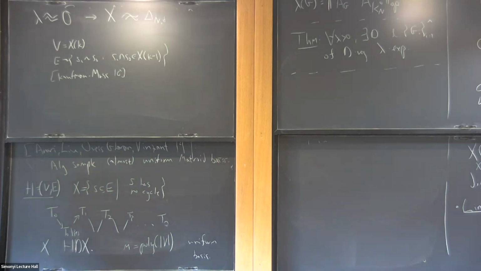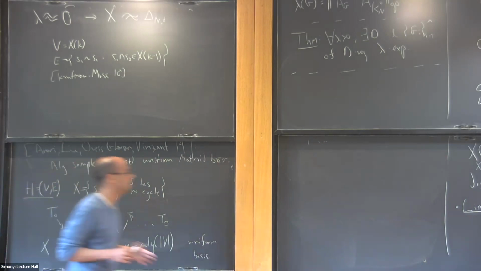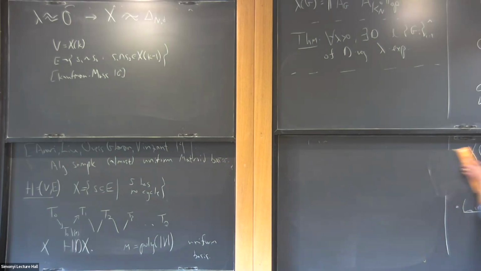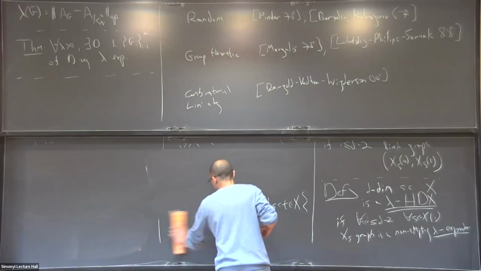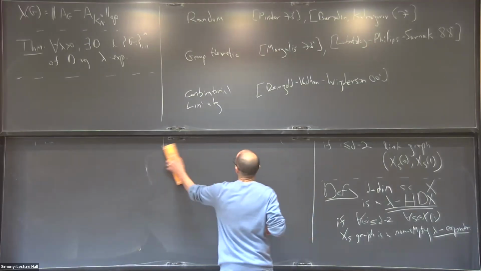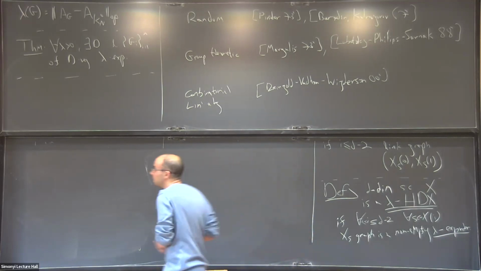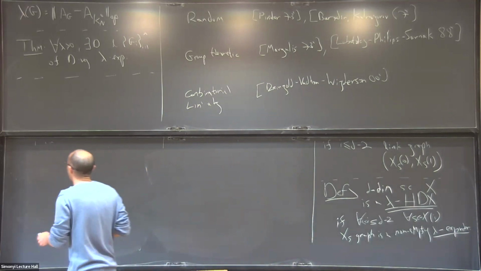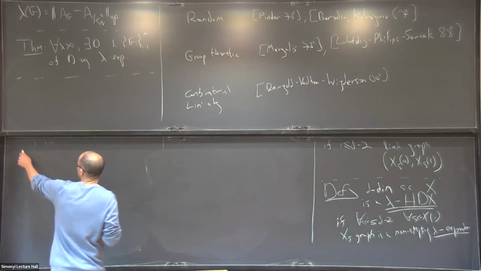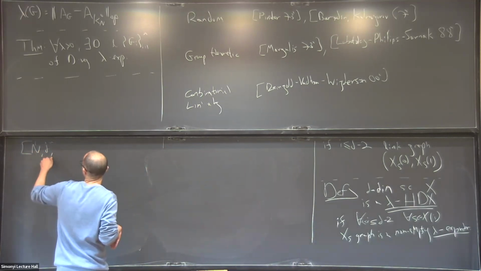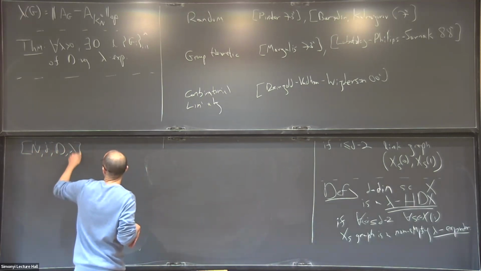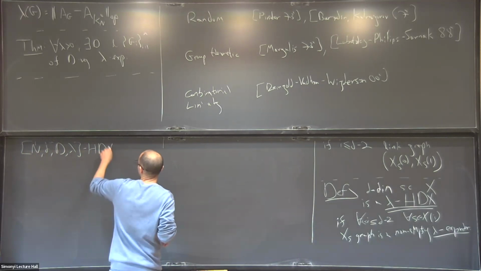Okay. So maybe let me tell you about constructions of high dimensional expanders. And this will conclude the introductory part of the talk. As in expander graphs, I want to construct these n, b, lambda HDXs.